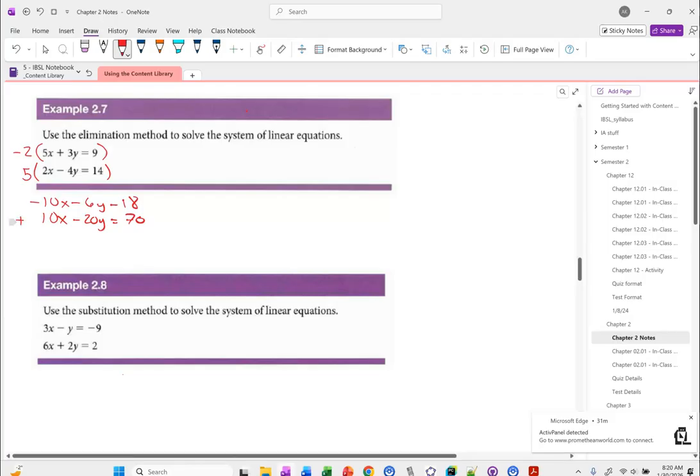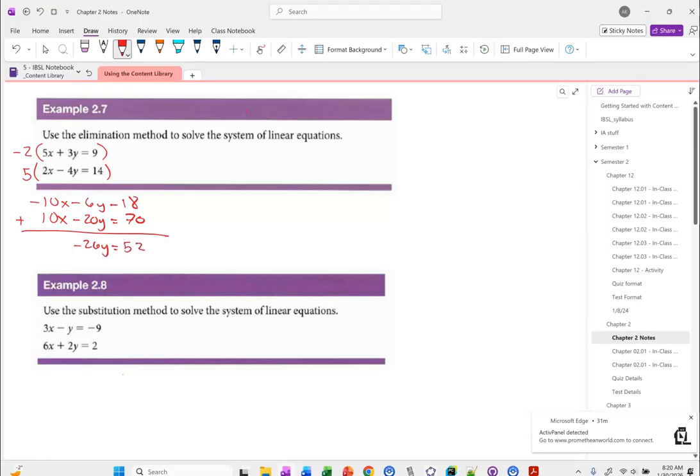So when we add down now, 52, and if I divide then by negative 26, I get negative 2. What do I do with the negative 2 now? How do I get the value for x? Plug it back in where? Any equation that has both x and y, right?